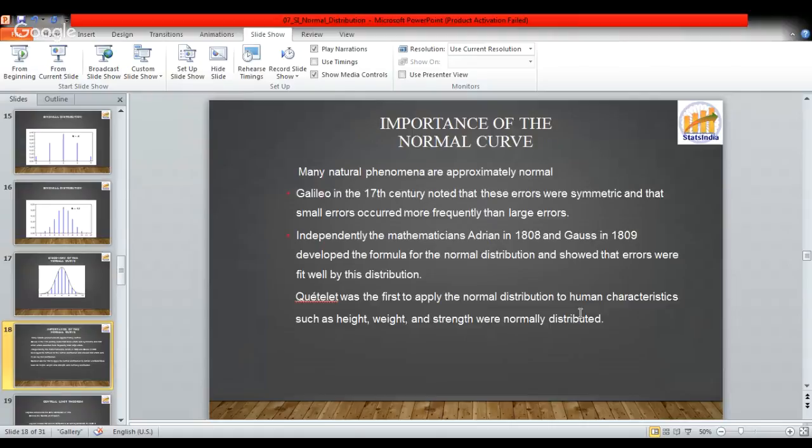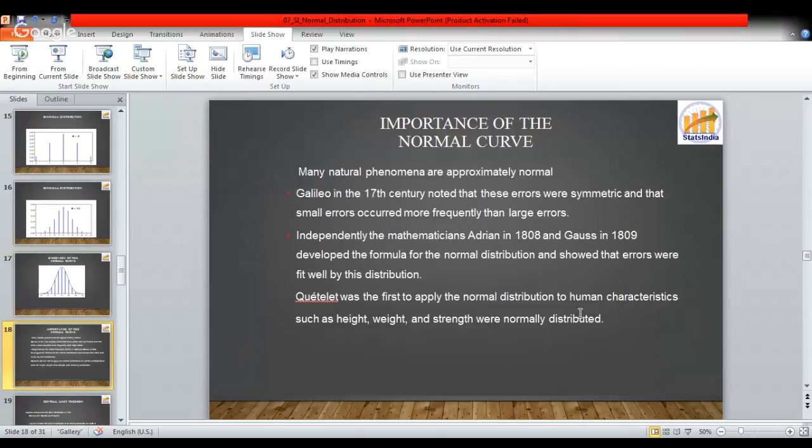And they also said that normal distribution is a very good fit where we are studying errors. Quetelet was also the first to apply normal distribution to human characteristics, such as height, weight, and strength being normally distributed. So, what do you mean by normally distributed?